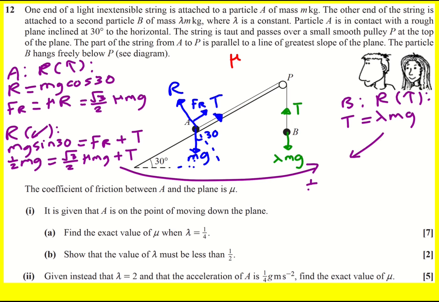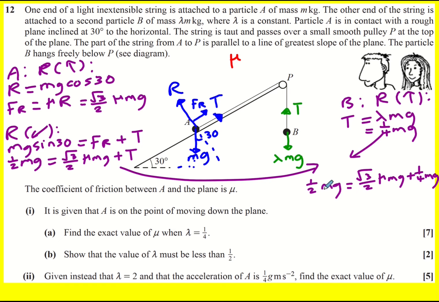So therefore, a half mg, and I will at this point also say that it's a quarter. I said I was going to work in terms of mu, but it just makes sense to substitute it in, I think. So a half mg is equal to root 3 over 2 mu mg plus a quarter mg.